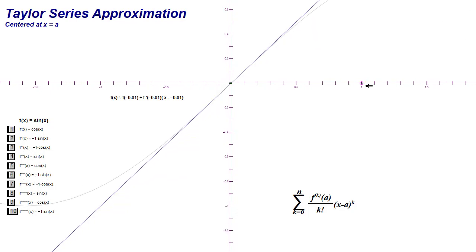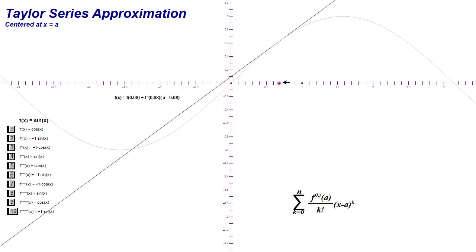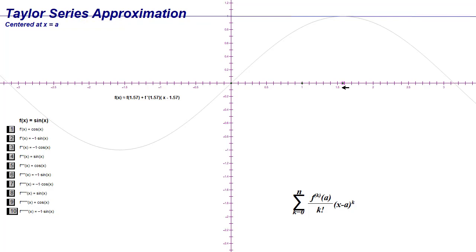So if I zoom in, that blue line and the sine curve look virtually the same, at least if we're in between negative 0.5 radians and maybe 0.5 radians. Okay, but further out, this line does a horrible job of approximating my sine curve. So let's move the center back to pi over 2-ish. Can't get it exactly there, but that's pretty close right there.